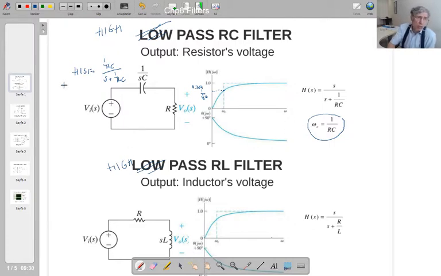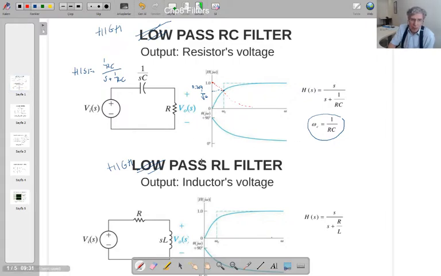What it means is, if you draw the low pass filter characteristic, it's going to be like that. So both of them pass through this cutoff frequency.